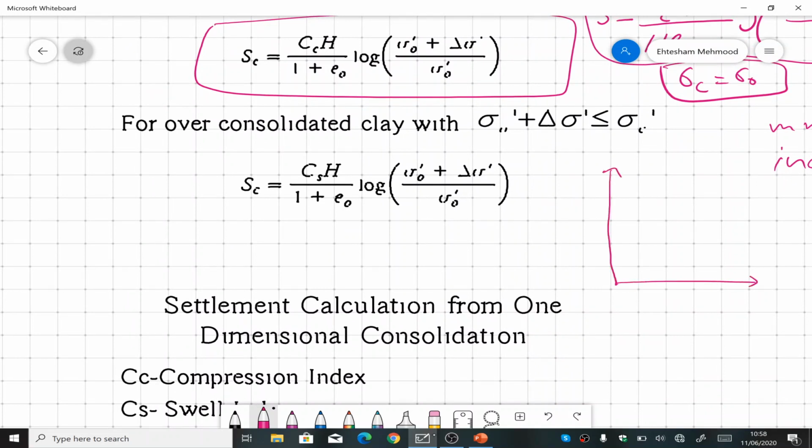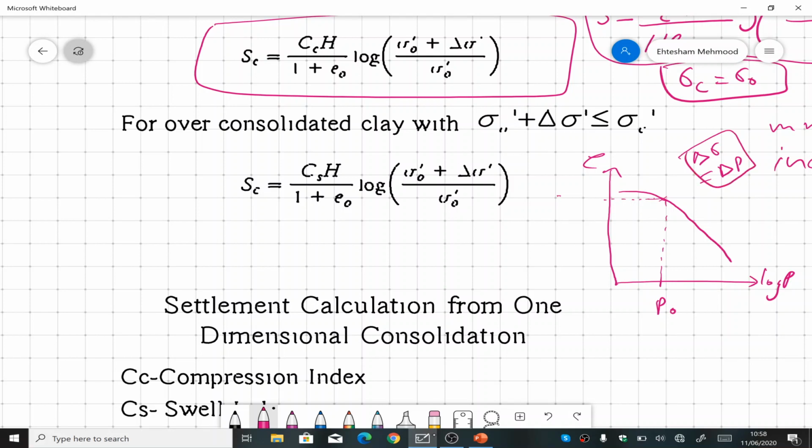This is e and this is log P. If this is the general curve, let's say this was P naught, when the ground was in normal condition, and then we added an external load, let's say delta sigma is equal to delta P.